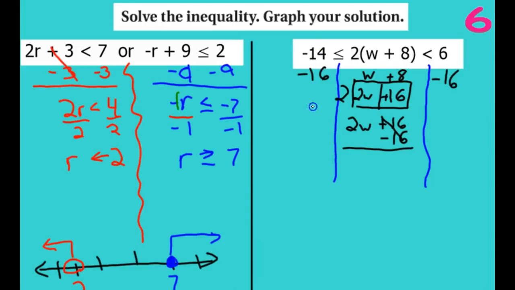So negative 14 minus 16 is negative 30. Negative 30 is less than or equal to 2w. Six minus 16 is negative 10. So 2w is now less than negative 10.